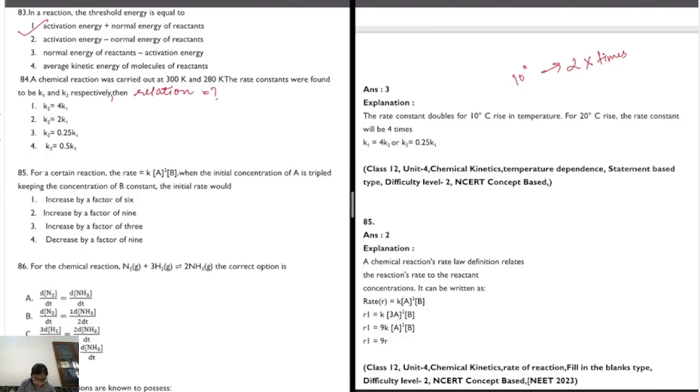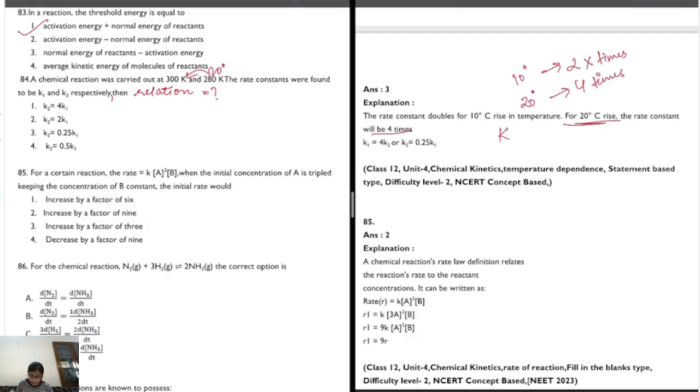Here you see the temperature difference is 20 degrees, so for 20 degrees it would be four times.